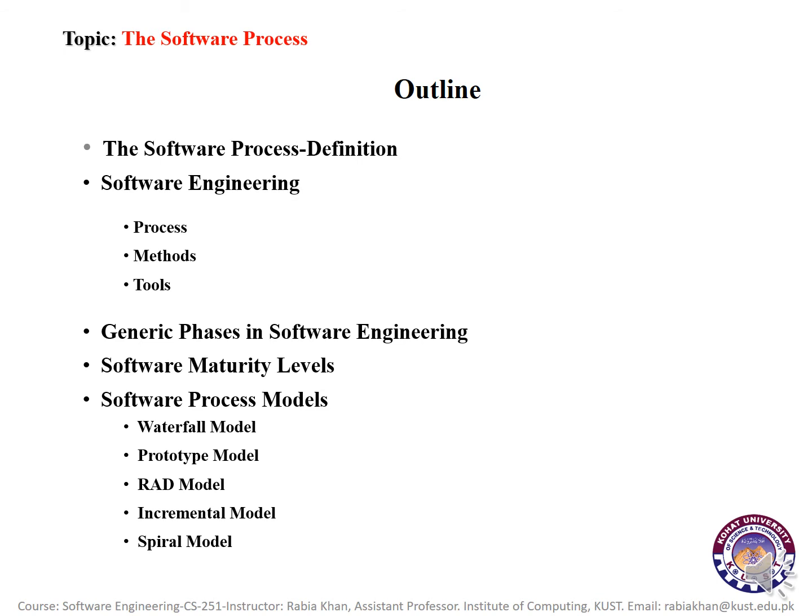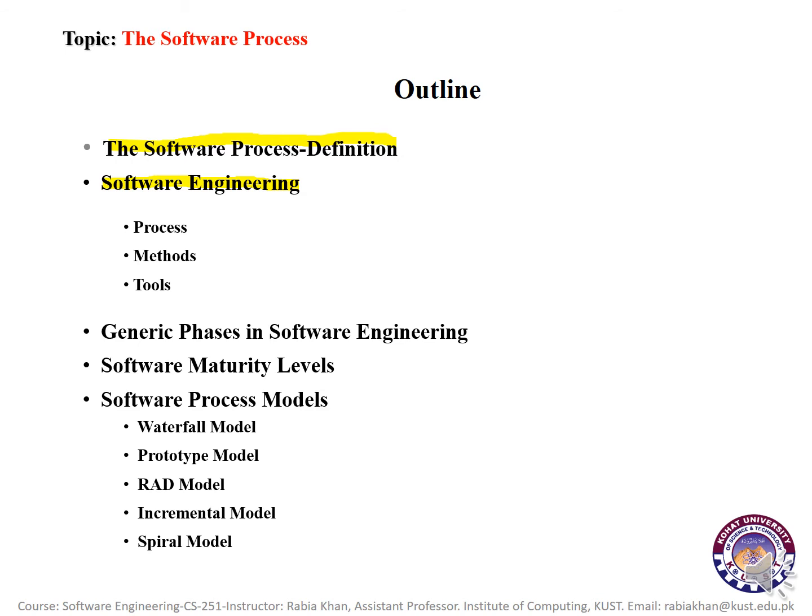First, we will be defining what the software process is. So, we will be having an understanding of the topic. Then, we will proceed with what is software engineering and what elements join to form software engineering.